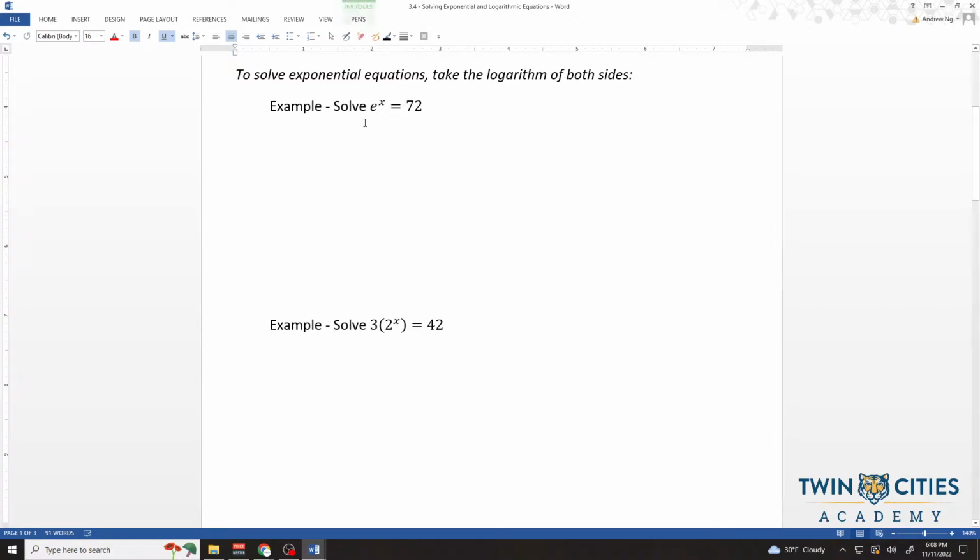In other words, since this is base e, I'm going to do the natural log of e to the x. But if I do that, then I've got to do the natural log of 72. Well, the natural log and e here will undo each other, leaving just x equals the natural log of 72.